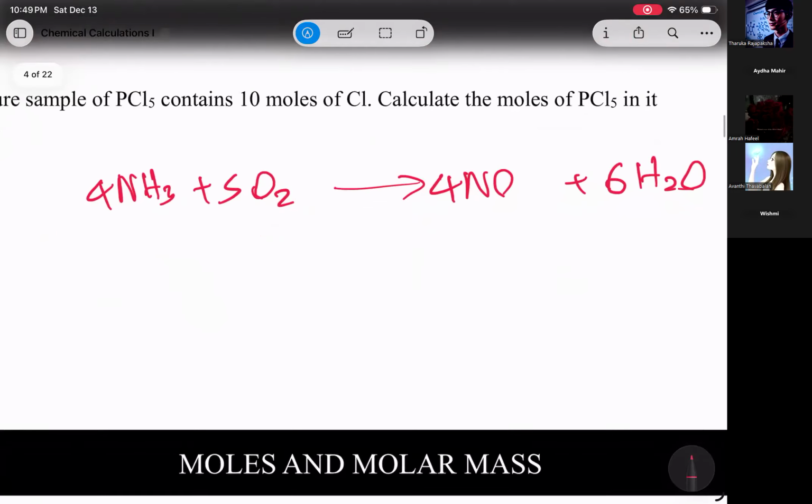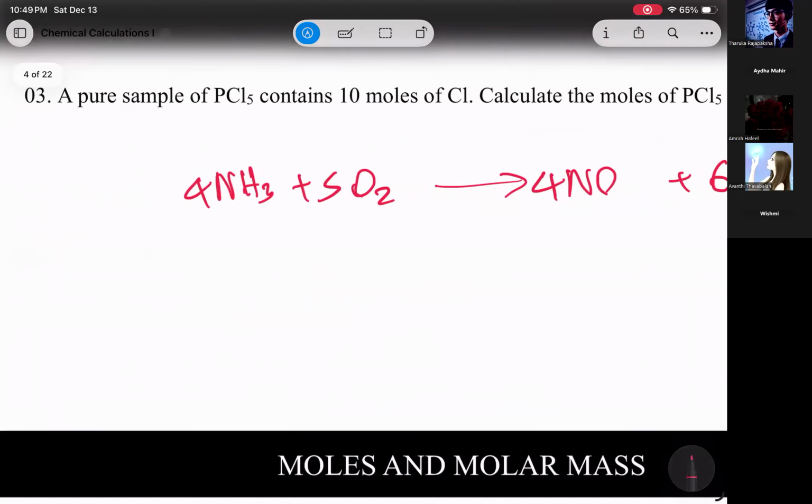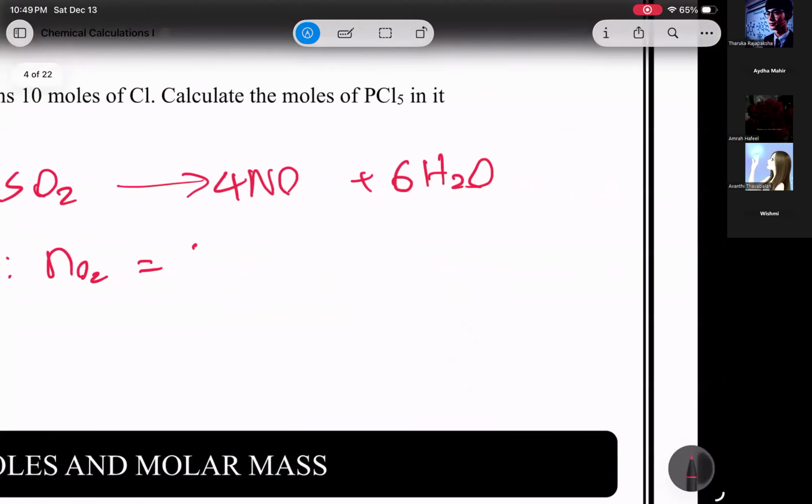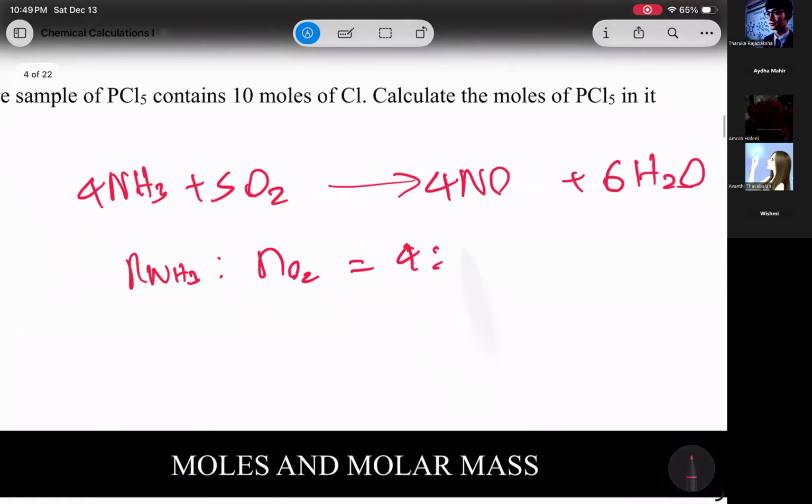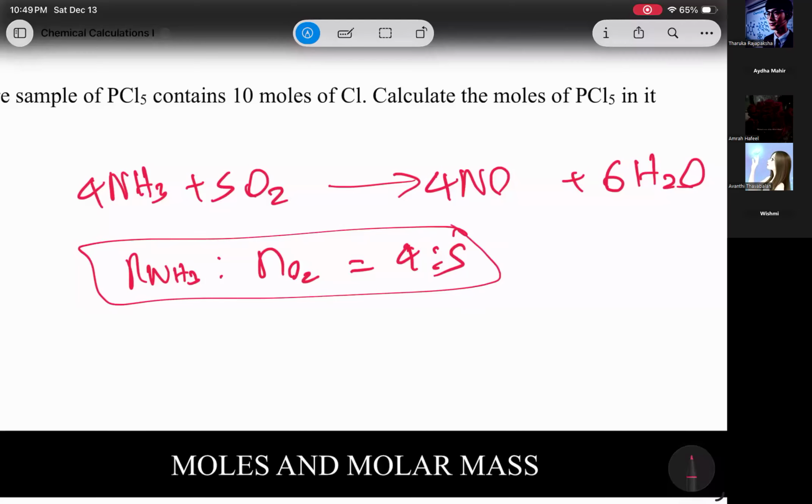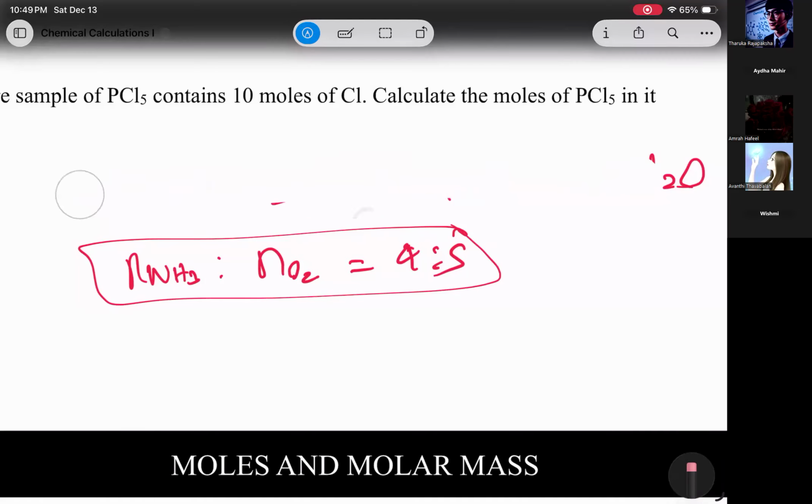In this example, if you want to connect two things, the first thing is to write the ratio. Number of moles of ammonia is to number of moles of NO. If it is number of moles of O2, the ratio is 4 is to 5. Get used to this always.